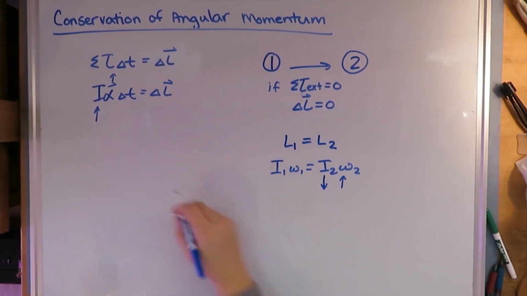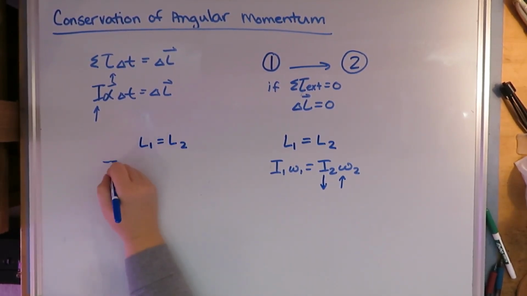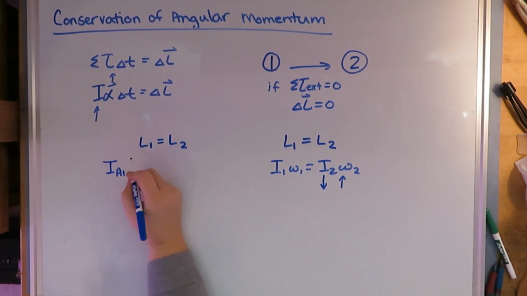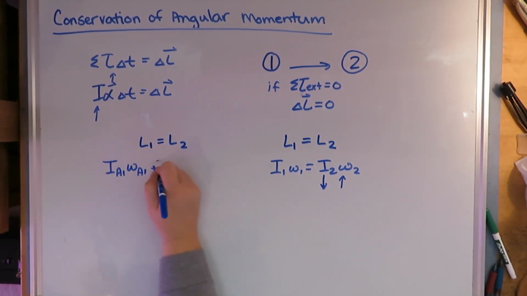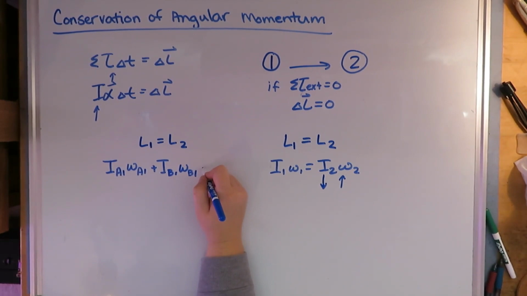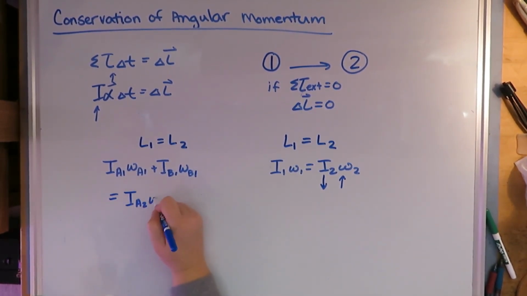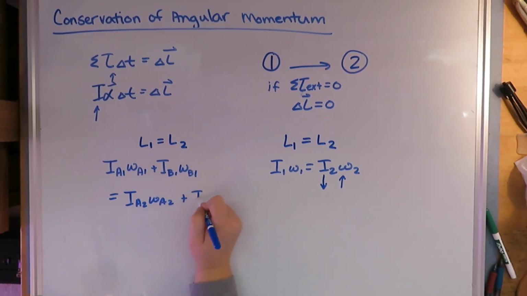Or if I have a multiple object system, I might have the moment of inertia of object A at the start times the angular velocity of A at the start, plus the angular momentum of object B, which would be I B1 omega B1, and that has to equal I A2 omega A2 plus I B2 omega B2.